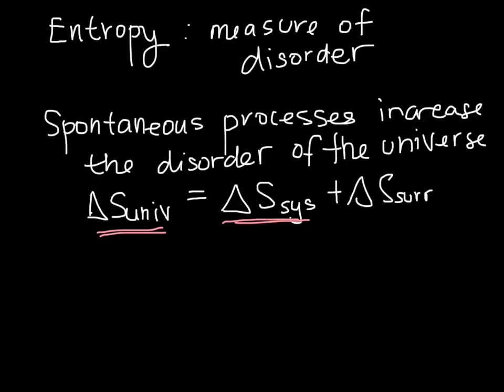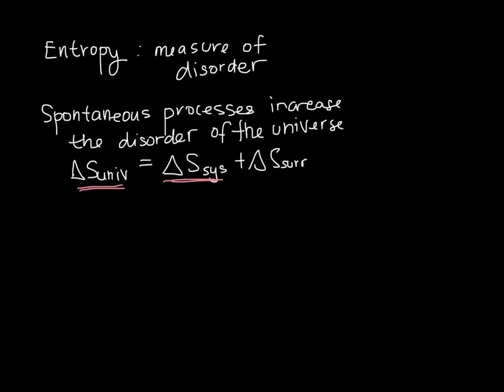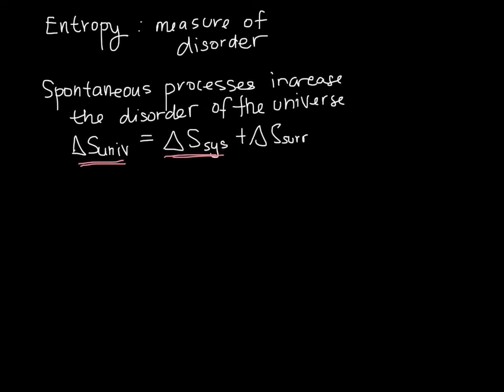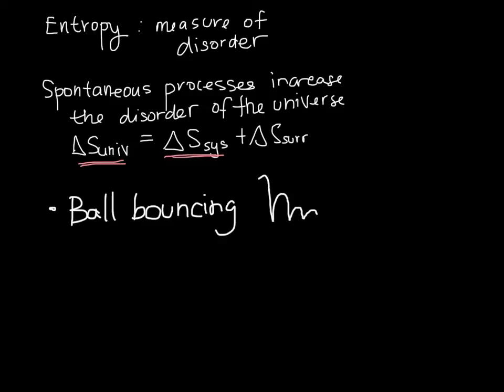So we can think about some examples which illustrate this idea of increasing disorder. And one of those might be of a ball bouncing. So if I drop a rubber ball, that ball will bounce and bounce and bounce and bounce, right?